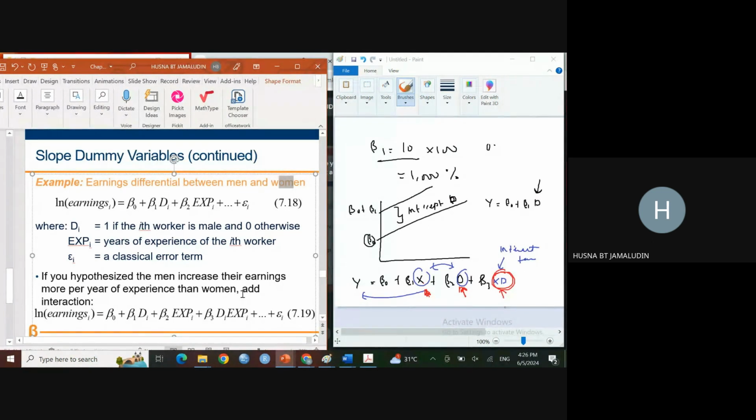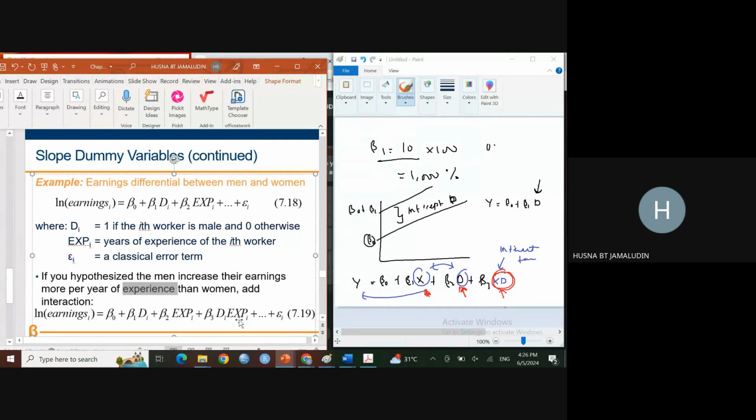So you're assuming that men will have higher earning the more they work. In this case, you're combining the gender dummy and the quantitative variable of experience. You can see here you have the dummy for gender, you have the experience, and then you have the dummy multiplied by the experience. So this is how it looks.